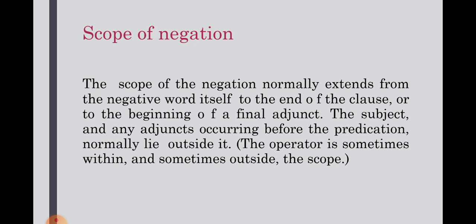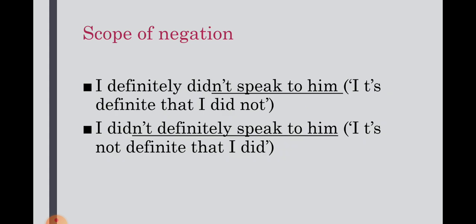The subject of that clause usually lies outside the scope of negation. And the operator sometimes lies within and sometimes outside, as we will see within this lecture. So let's see these two examples in which we talk about the scope of negation.